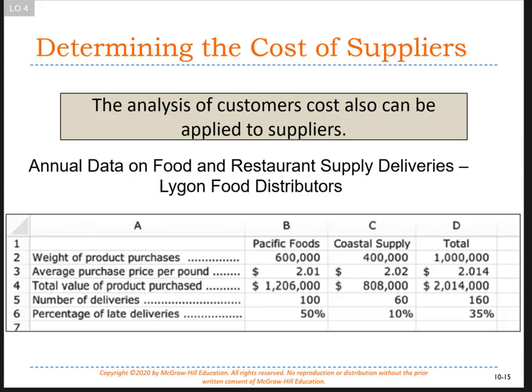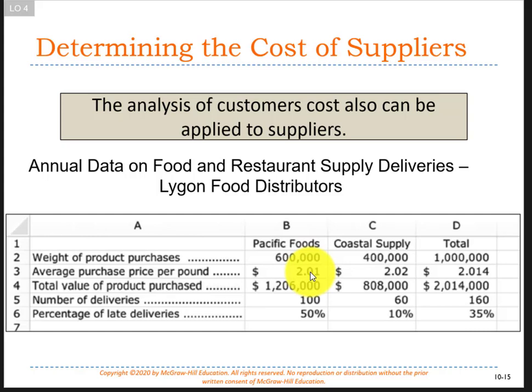So the activity, in this case, is the late deliveries that we're trying to put in a dollar perspective. Notice that Pacific Foods and Coastal Supply, both their average price per pound is so close as to be not measurable, really.